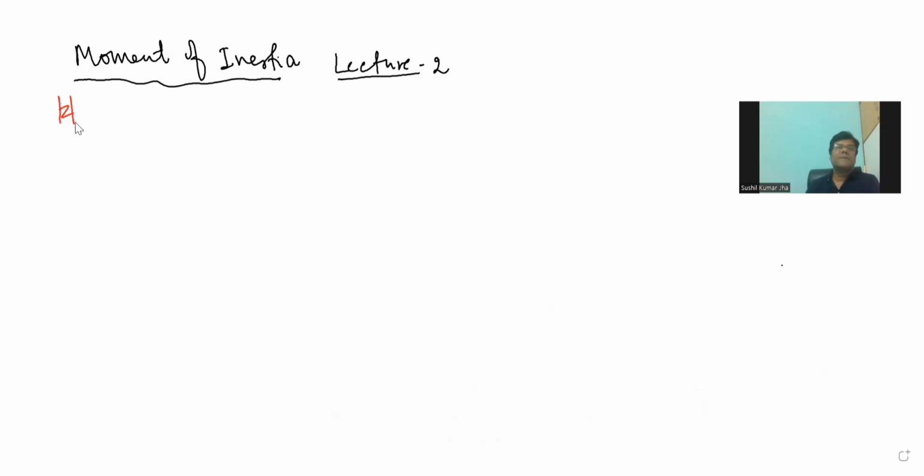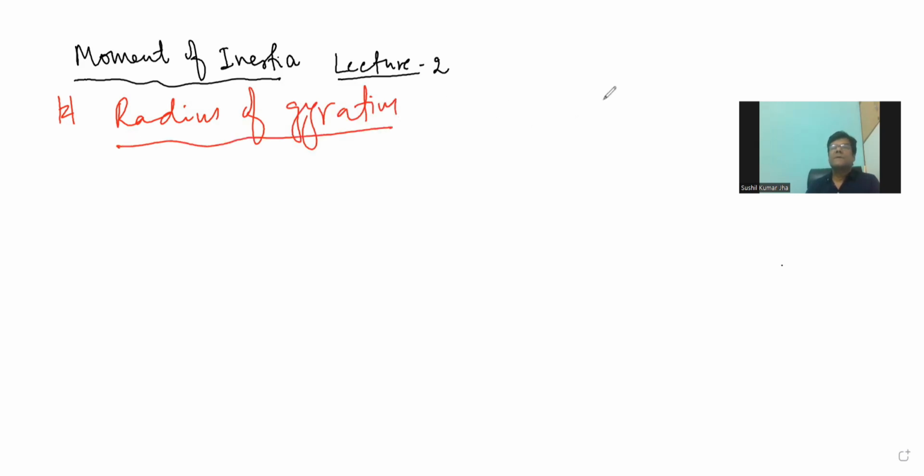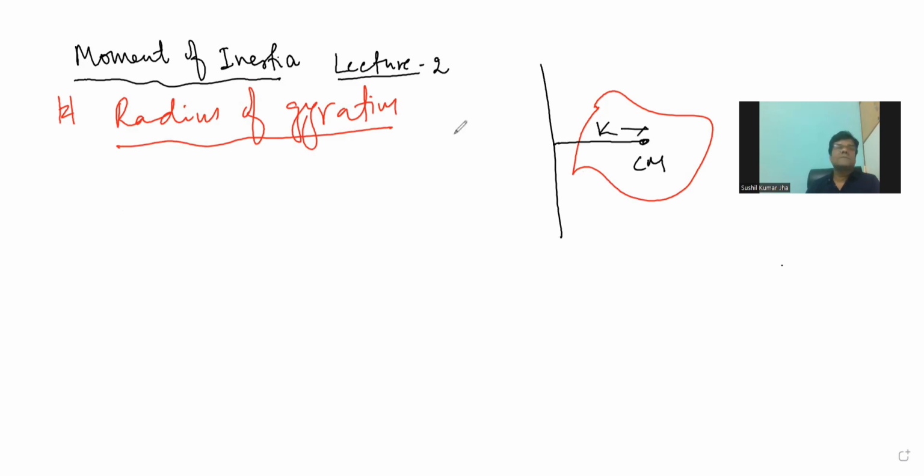Now, if we take this radius of gyration, let's say this is the mass, and this is the axis. So from the axis to the center of mass, whatever distance this is, this k is the radius of gyration.